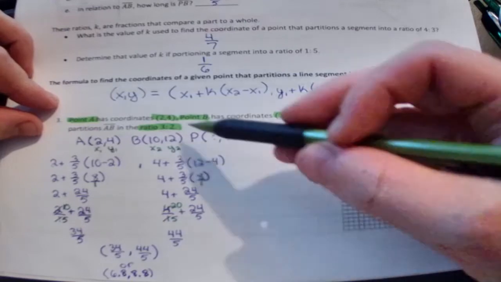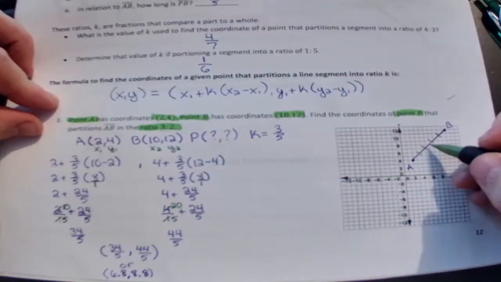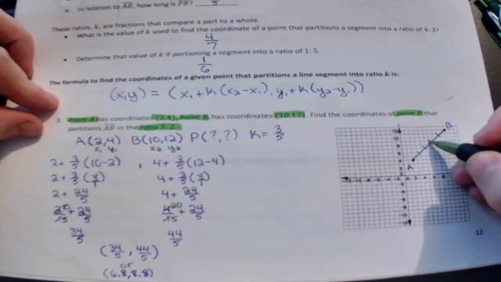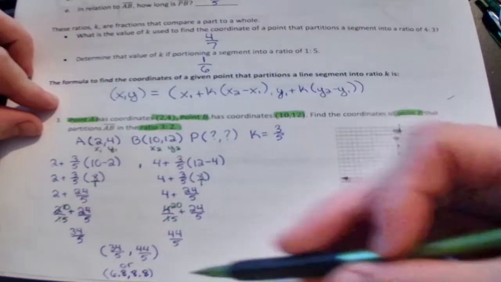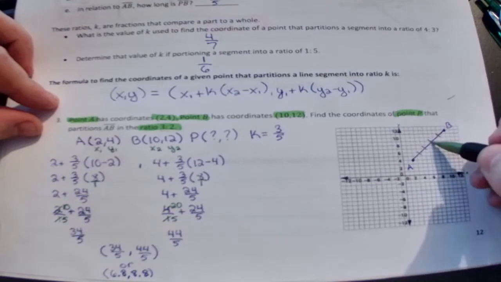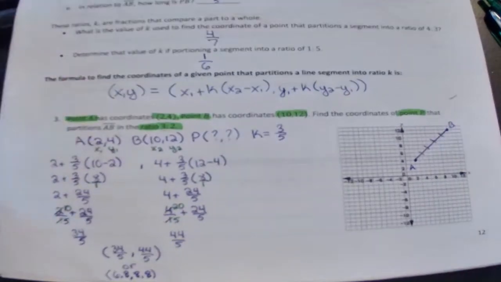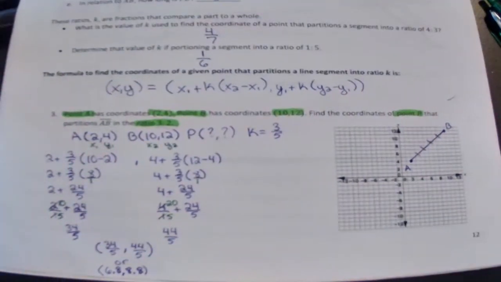So a ratio of 3 to 2, that means 1, 2, 3. I would be looking somewhere around here. So I know roughly it's going to be here. So my 6.8 and 8.8 is probably correct just by looking at that.